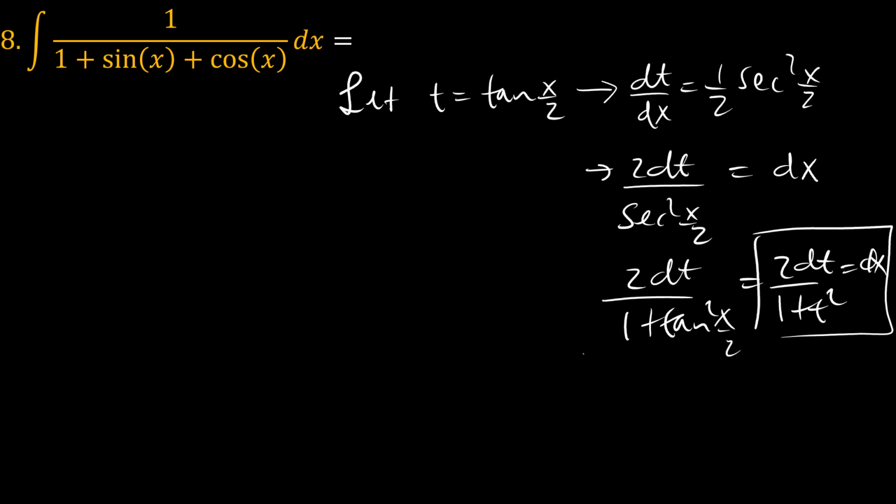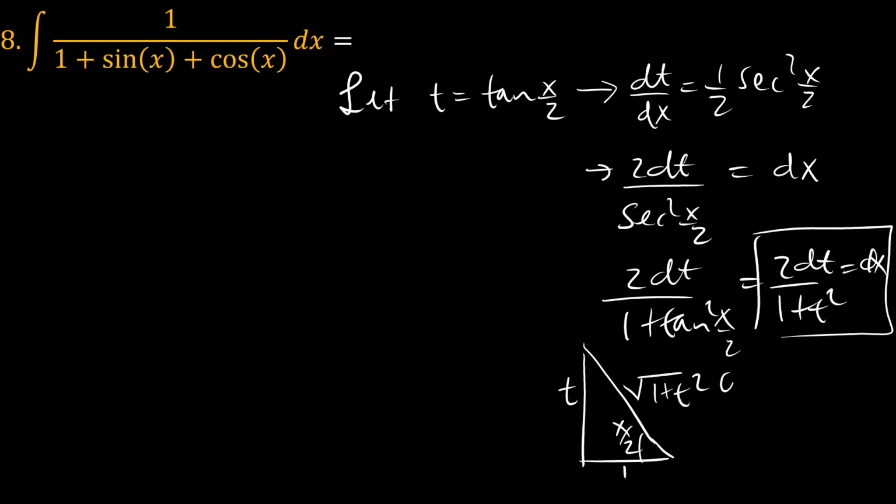And then we see that we have our triangle with angle x over 2. Tangent is opposite over adjacent, so we have t over 1, and then the hypotenuse is square root of 1 plus t squared.